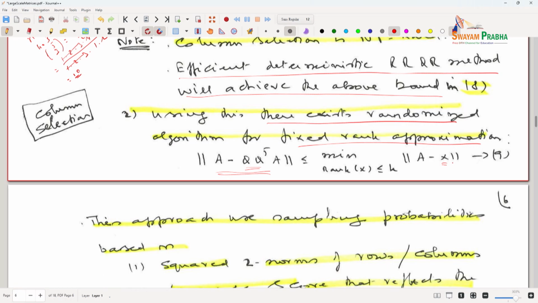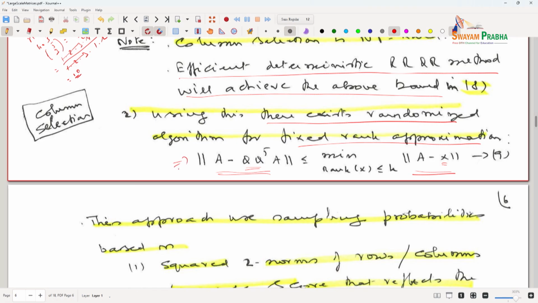How do I say best approximation? Let X be a matrix of rank at most k. Among all matrices X with this property, what is the X for which the error in the approximation is minimum? So, this is the best error in the best rank k approximation. I would like to be able to find a randomized algorithm that can achieve this.